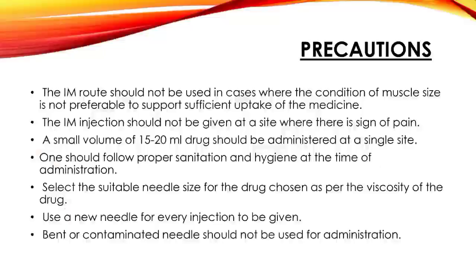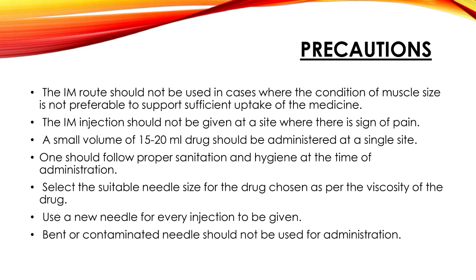Let's take a look at what precautions we have to take during an intramuscular injection. The intramuscular route should not be used in cases where the condition of the muscle is not preferable to support sufficient uptake of the medicine.